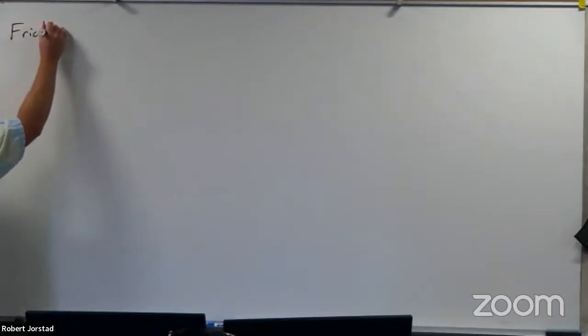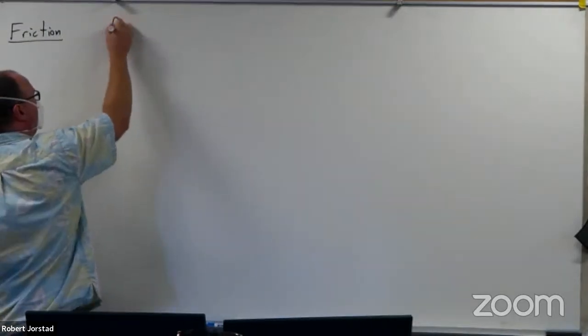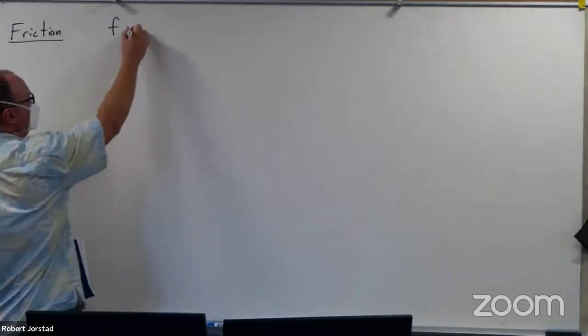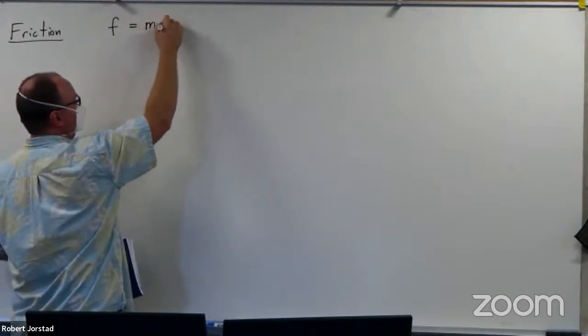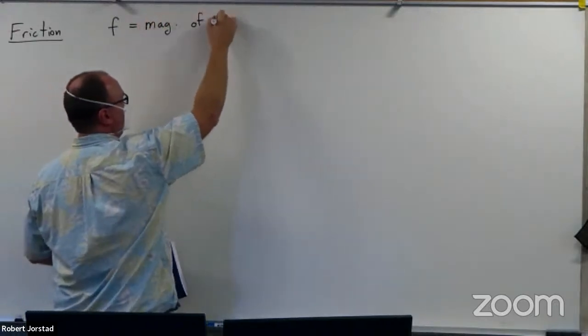Friction is a tricky force. The symbol we're going to use is lowercase f. To be clear, lowercase f is not a vector, but technically this is the magnitude of the frictional force.